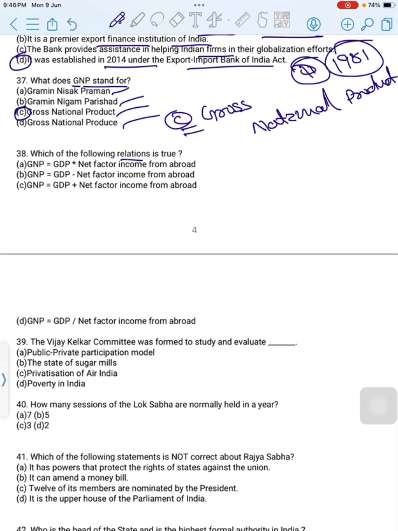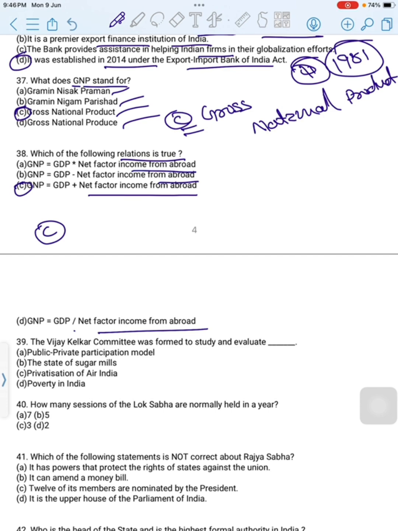Which of the following relations is true? GNP equal to GDP into net factor income from abroad. Second option is GNP equal to GDP minus net factor income from abroad. Third option is GNP equal to GDP plus net factor income from abroad. Last option, GNP equal to GDP divided by net factor income from abroad. Then correct option is option C. GNP equal to GDP plus net factor income from abroad.